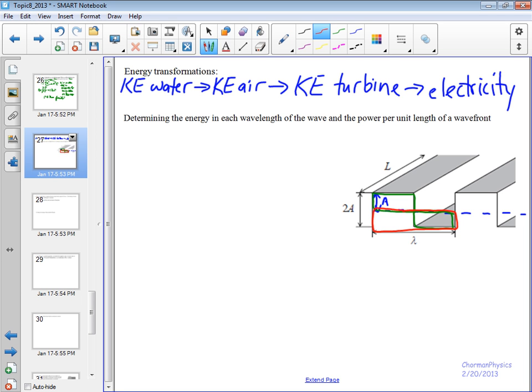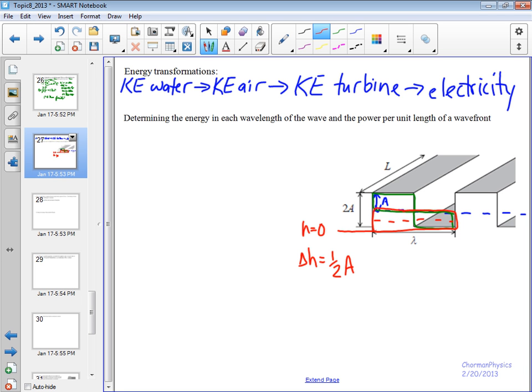And so if we look at this, the average height of this water above, we'll call this the reference height, h equals 0, okay? The average height of this over here is going to be halfway up, right? So what we see is that the average height, the delta H here of the water, in terms of gravitational potential energy, is going to be 1/2 A.